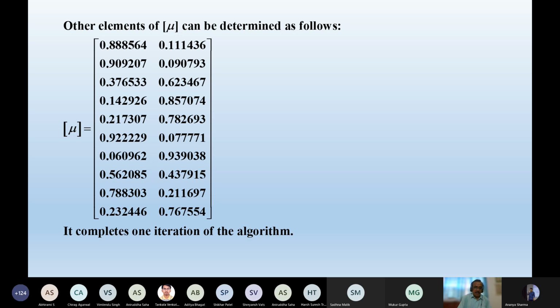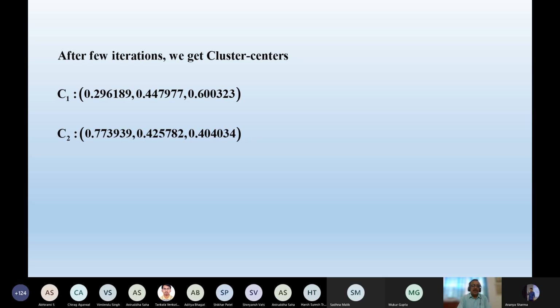And once you've got the modified set of membership values, one iteration of the algorithm is completed. This process will go on and on, through a large number of iterations, which depends on the nature of the data set. So you'll be getting the final cluster centers.